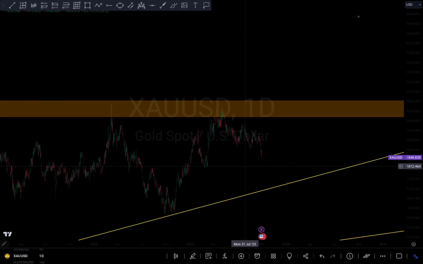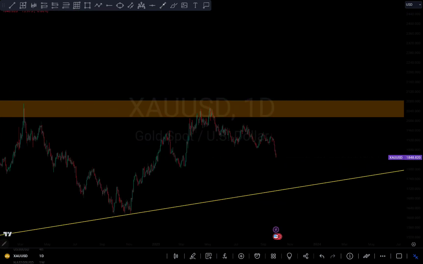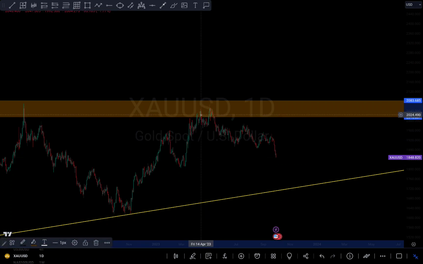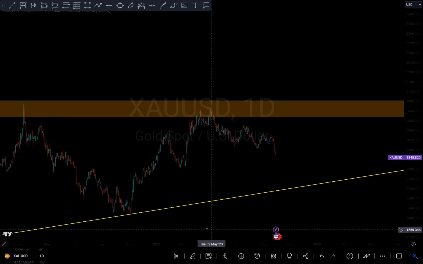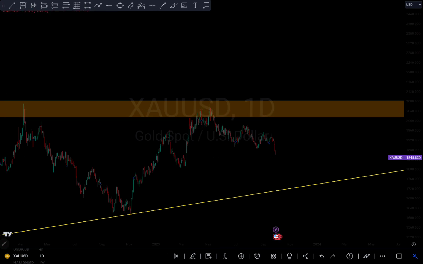Now let's go back to this third line right here. What happened when we got to that zone right around this area too? This was 2023 right here. So this particular one is 2023. There was one reaction around here, April 2023.